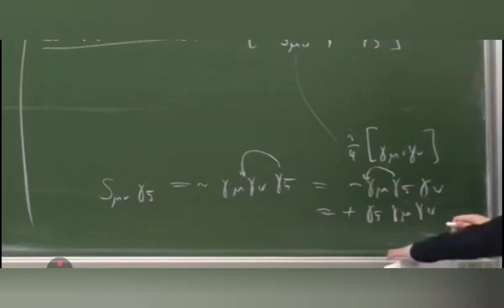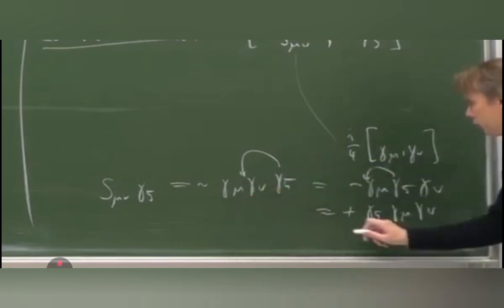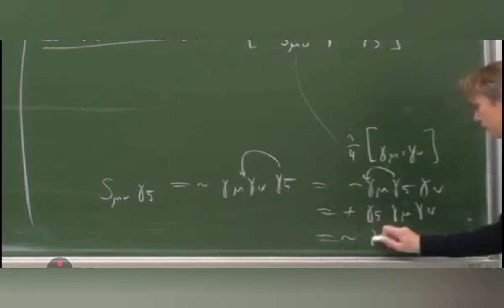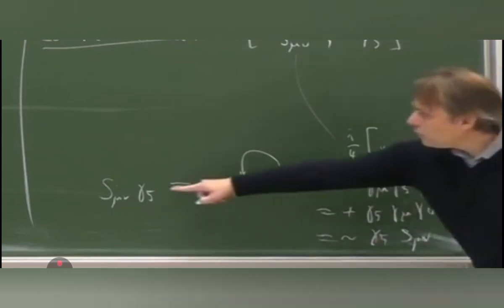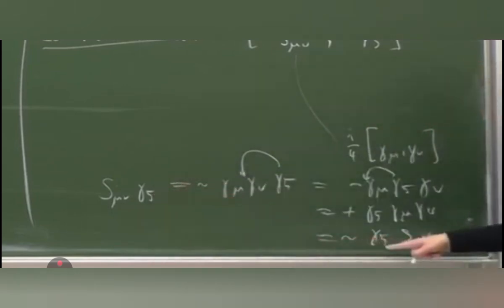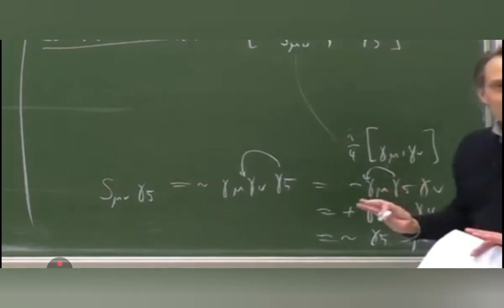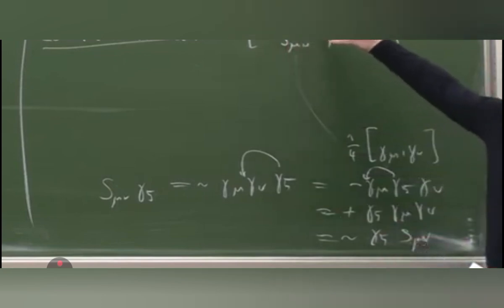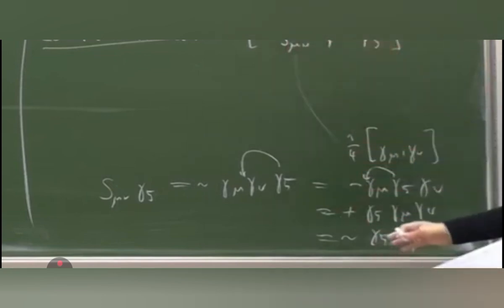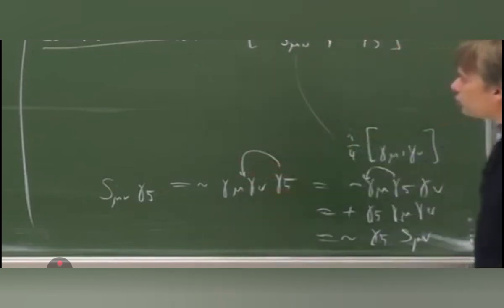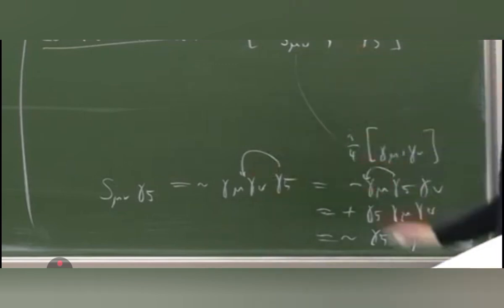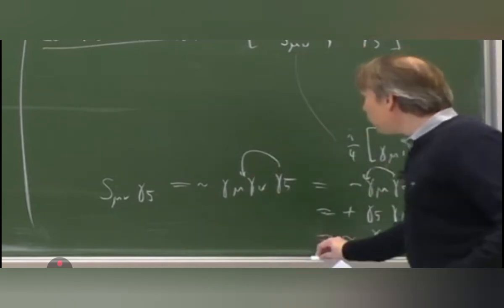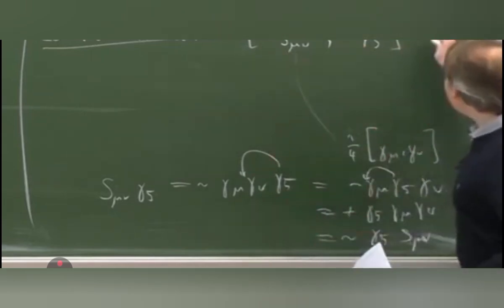This works for every term, and so I get gamma 5 times S mu nu. So S mu nu gamma 5 is in the end equal to gamma 5 times S mu nu. This is a little bit safer in cases where you have products of many, many matrices, because it always works if you implement such a strategy and you do not need to remember which product rule to apply. But anyway, you are right, and the commutator is indeed 0.